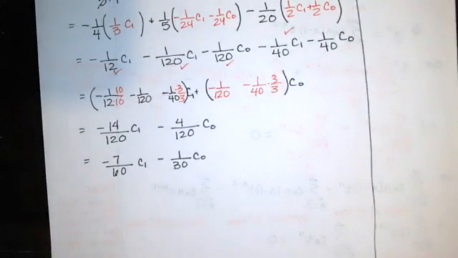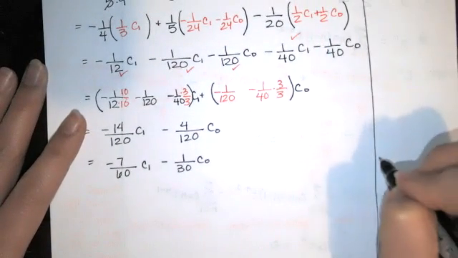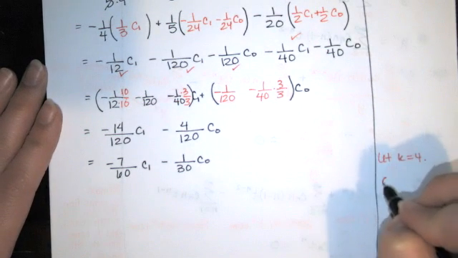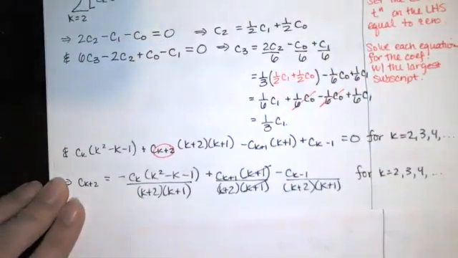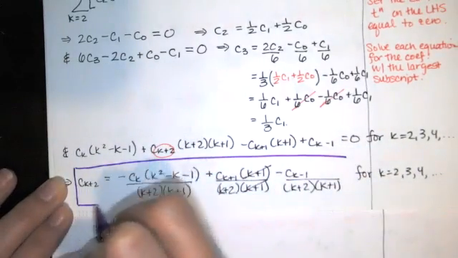So I've already got 4 for c sub 1. I just need 1 more that depends on c sub 0. So we need to substitute again. Let's let k equal 4 this time. That's going to give us c sub 6. And we're still substituting into this equation right here, this recurrence relation.